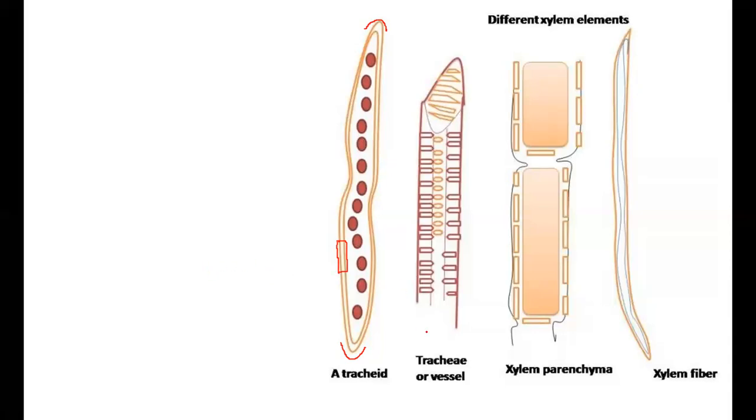Now we move to the next part, that is trachea or the vessel. Trachea is also an elongated cell and it is also thick-walled, but the cell is basically dead. So trachea is a dead cell.